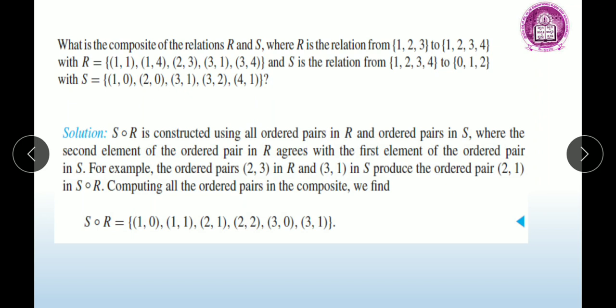See, the second element of the first ordered pair and the first element of this must be the same. Then there is an ordered pair (2, 1) in the composition.